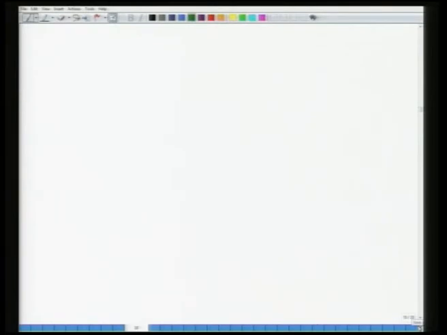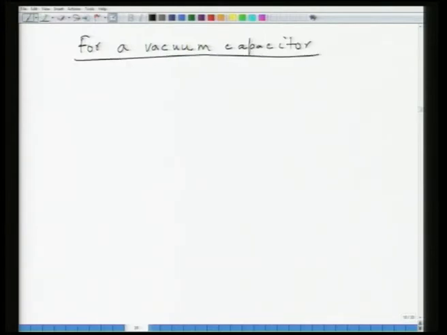So, for a normal vacuum capacitor, how do you write the charge?